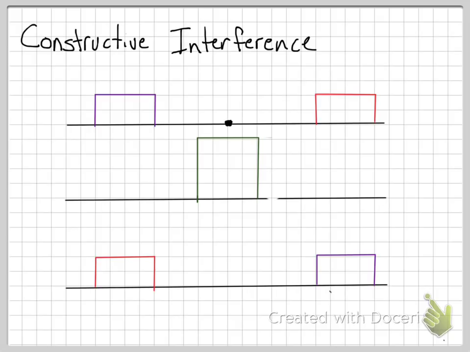In constructive interference, if we look at the top here, we're going to look at the purple wave moving to the right and the red wave moving to the left. And so they're going to be what are referred to as transverse waves. And what you want to think about is that these waves are made out of particles.